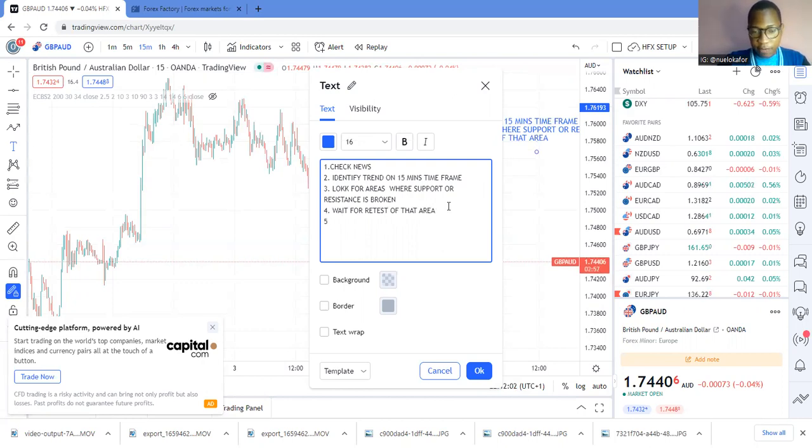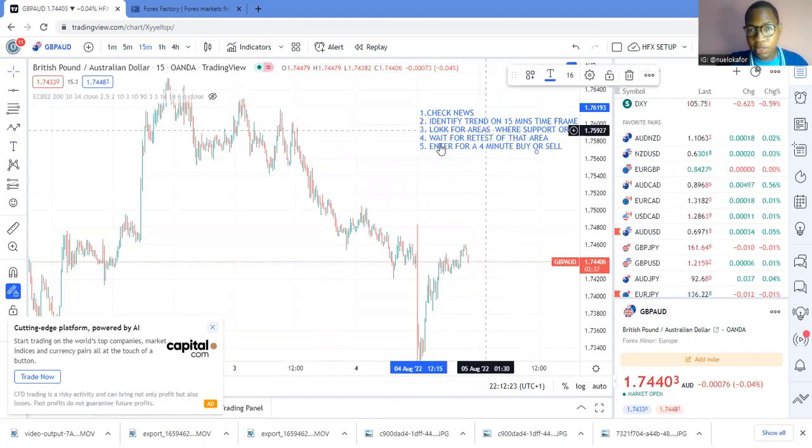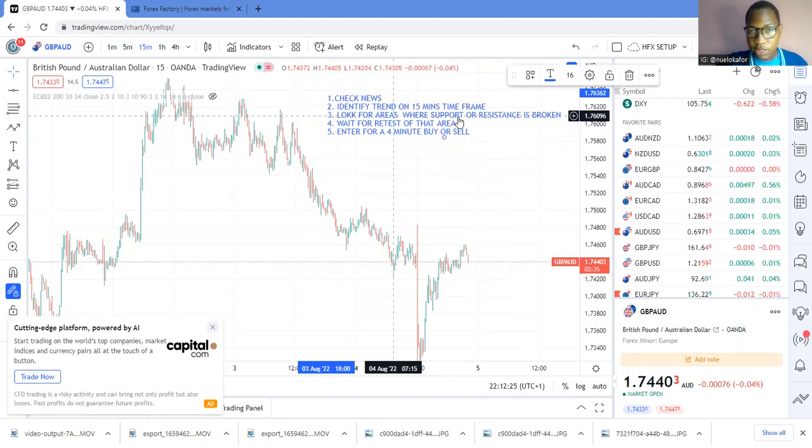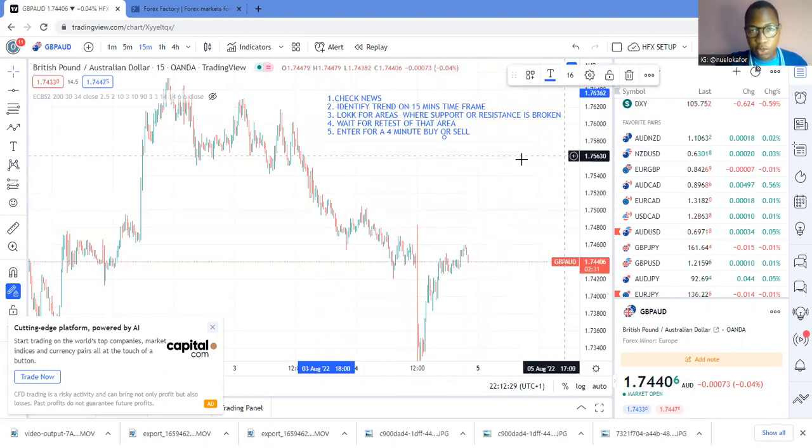Then number five, enter for a 4-minute buy or sell. It's literally that simple, guys. That's why it's a very simple binary options strategy. Okay. So you can see this. I have this on here. You can read it, you can take a screenshot, but yeah, that's essentially that.